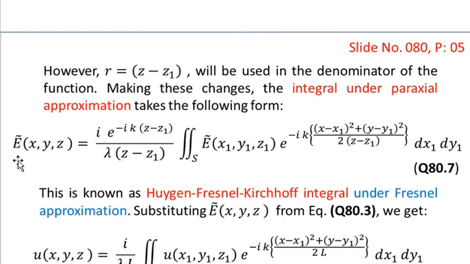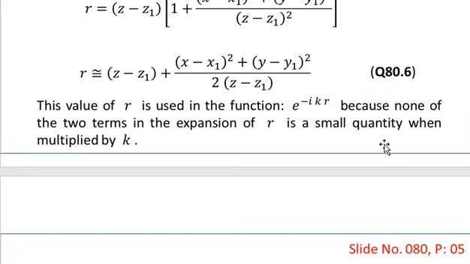And we get this integral, that is e prime at the xyz point is equal to iota into e to the power minus iota k into z minus z1 divided by lambda, and also the factor z minus z1. And the integral over the surface area S contains e prime as a function of x1 y1 z1 multiplied by e to the power minus iota kr, and the curly bracket contains only the two terms of the expansion in r, that is taken from equation number 6.